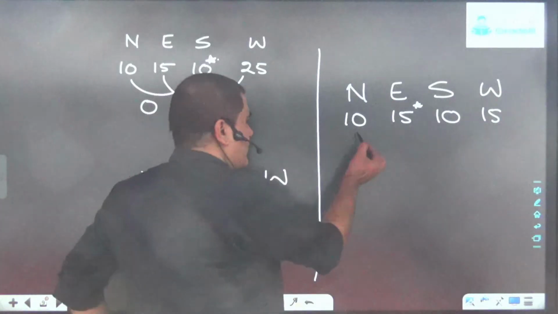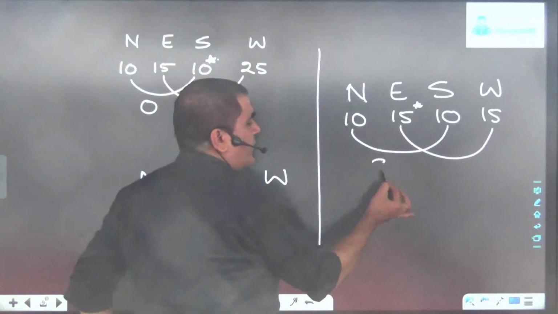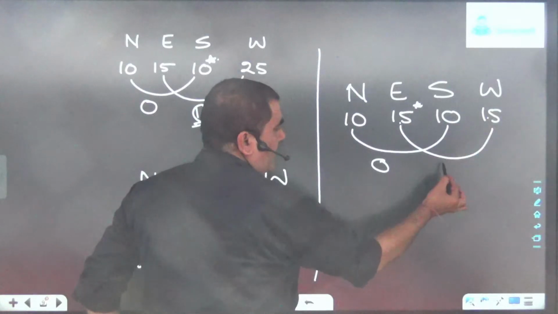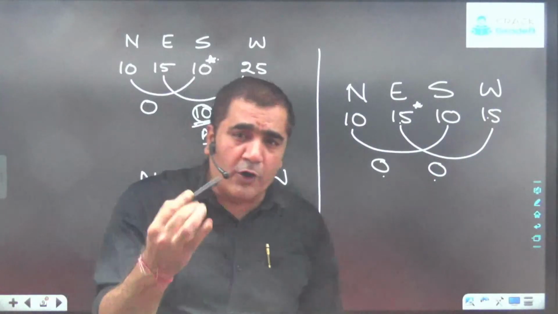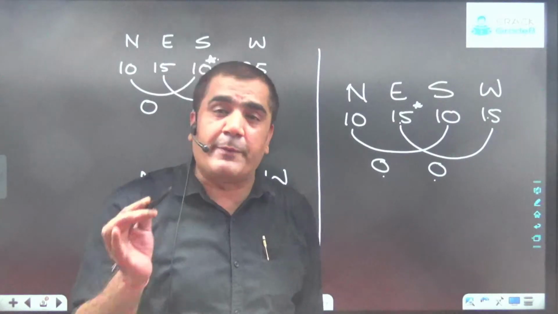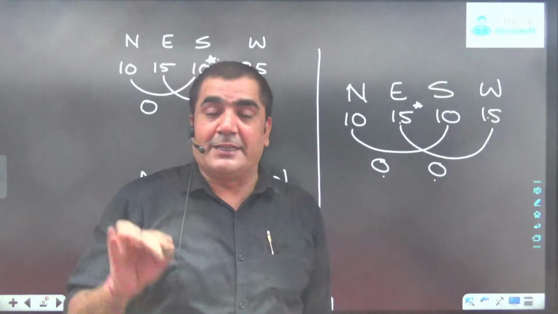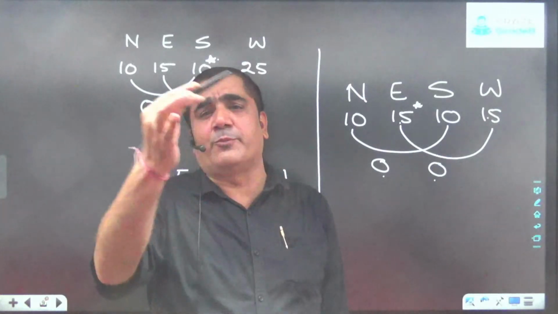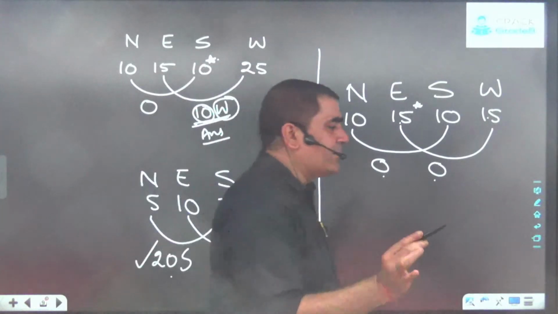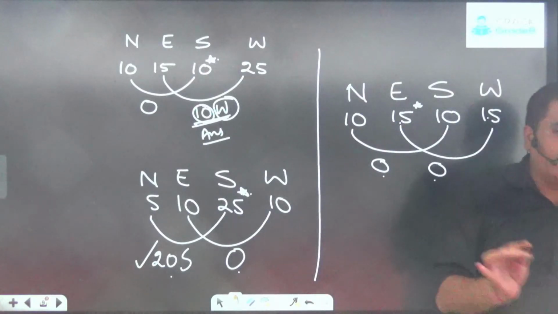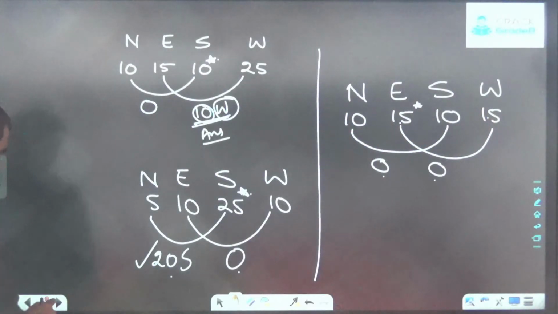I will take the combination of these two. 10 minus 10 becomes 0. 15 minus 15 becomes 0. If both become 0, it means the person has come back to the starting point once again. Simple. If both become 0, the person has come back to the starting point. Clear? Chalo, let's go for question number 2.